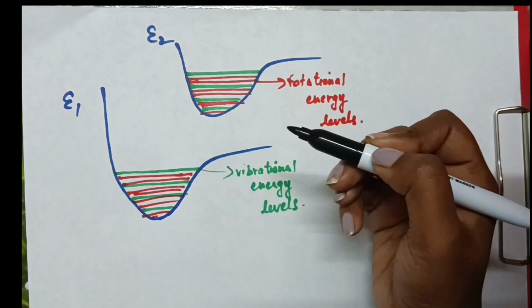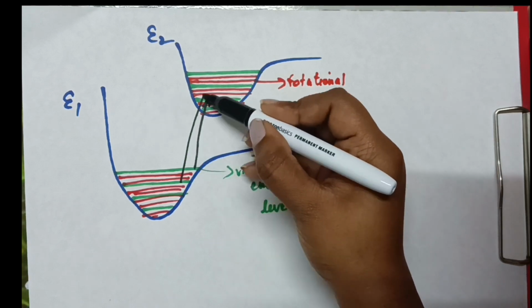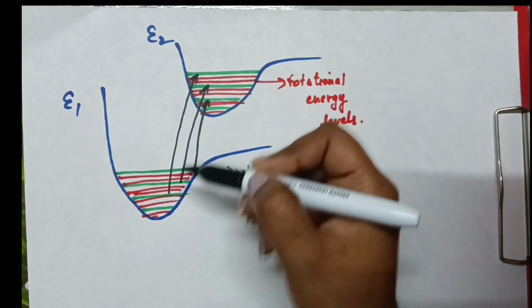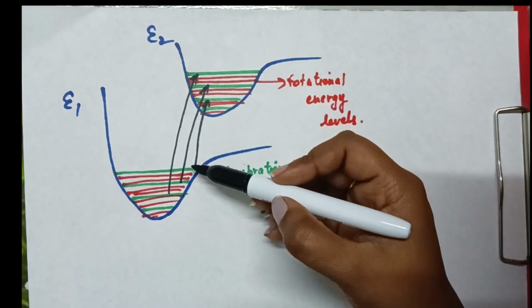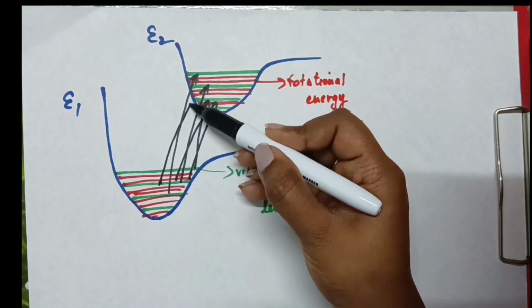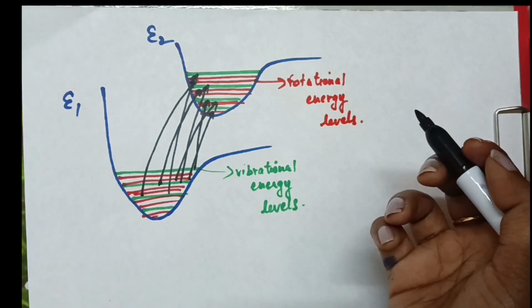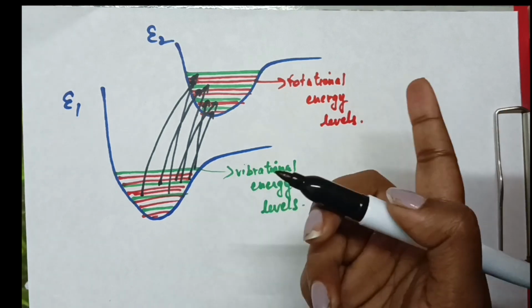It could be from one vibrational energy level to the other, or from one rotational energy level to the other, right? There are so many possibilities of transitions.